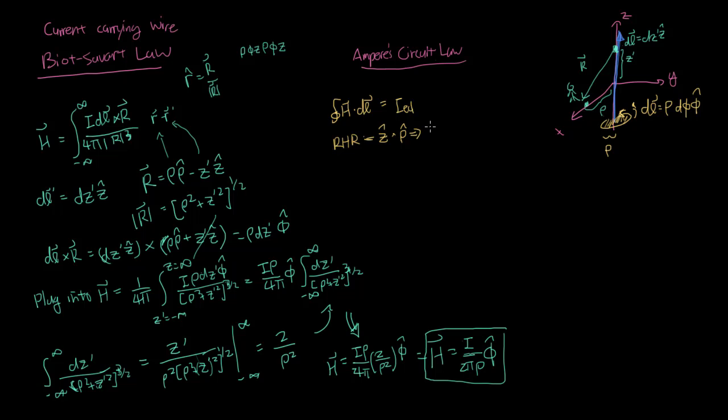Therefore, your field is going to be in the phi direction. Or another way to view it: the current is going to be in the direction of your ds vector, which is defined using the right-hand rule. You curl your hand around, your thumb's pointing in the positive z direction, and that's along the direction of the current. Therefore, since your ds, if you define it this way, is in the direction of the current, the field is going to be in the phi direction.